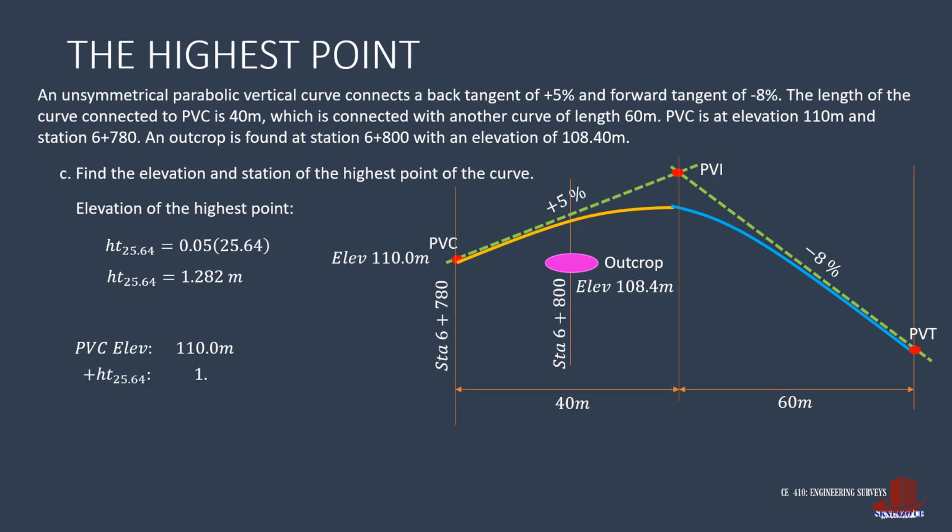Then add the tangent height of the highest point station, which is 1.282. The total is then the elevation of the tangent, which is 111.282 meters. Subtract from here y of 0.64, so the elevation of the highest point is 110.642 meters.